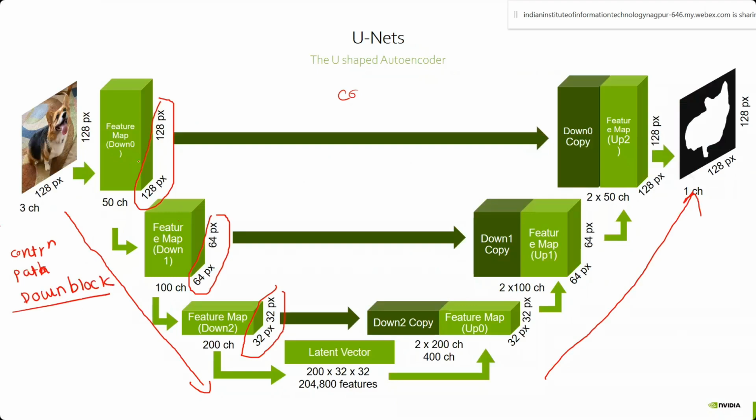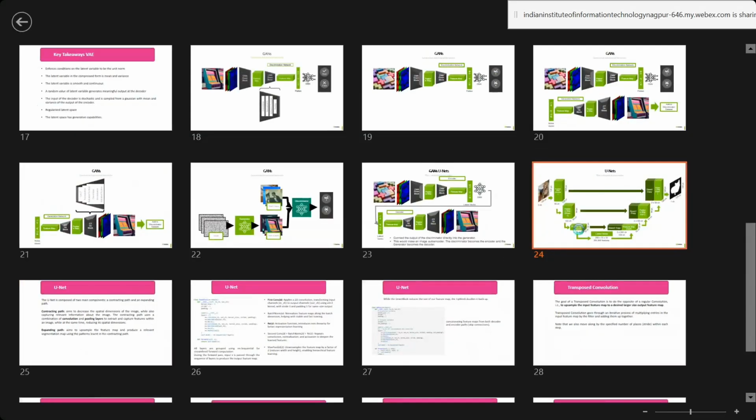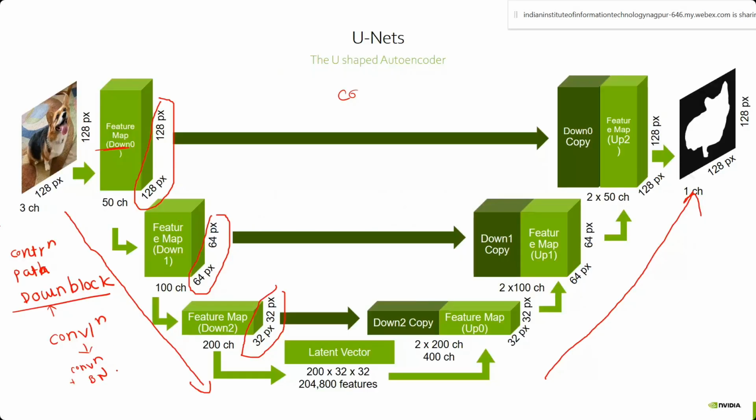So in this path you have down blocks. What is the structure of each down block? It is actually a convolution block. So what is inside the convolution block? You have the convolution operation, you have batch normalization, then you have ReLU activation, and then you have max pooling.